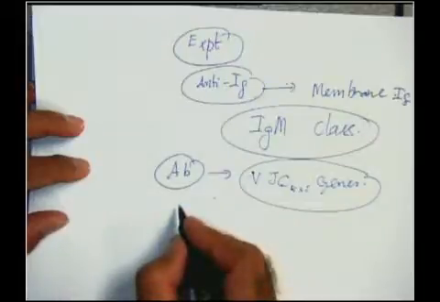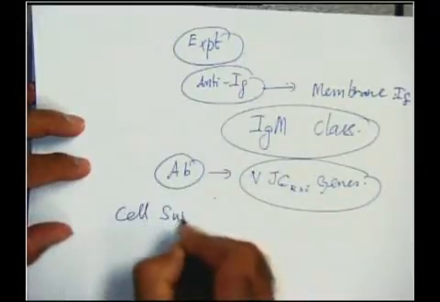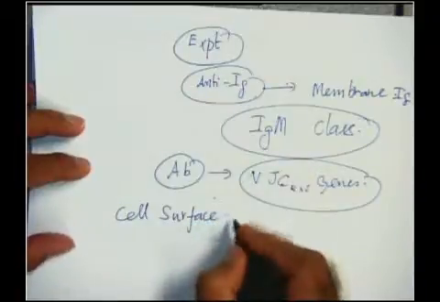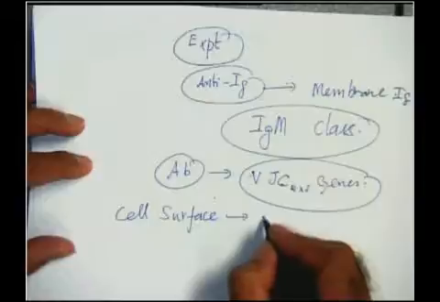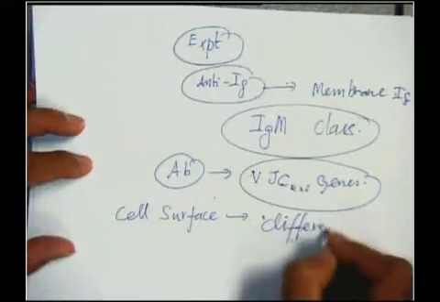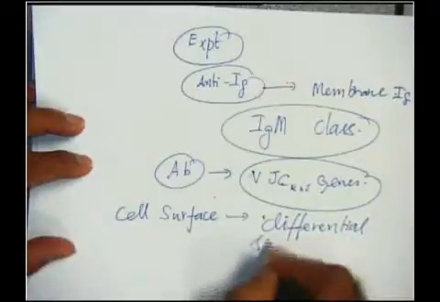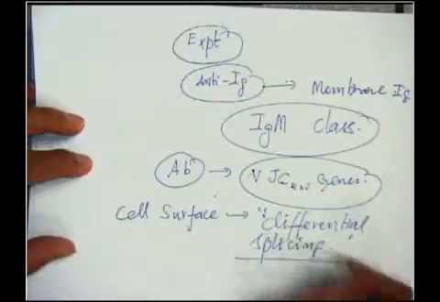The cell surface Ig, the membrane receptor, is formed due to differential splicing. What is differential splicing?